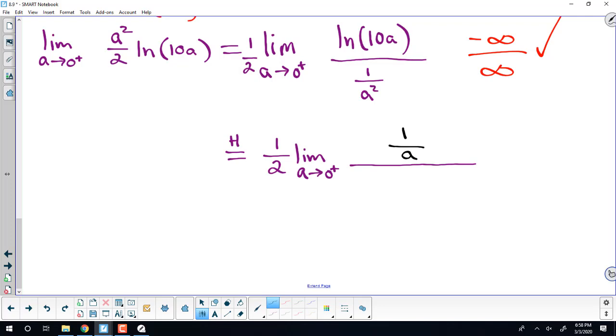Derivative with respect to a. So 1 over 10a times 10 is 1 over a. And the derivative of 1 over a squared with respect to a would give us what? Negative 2 over a cubed.